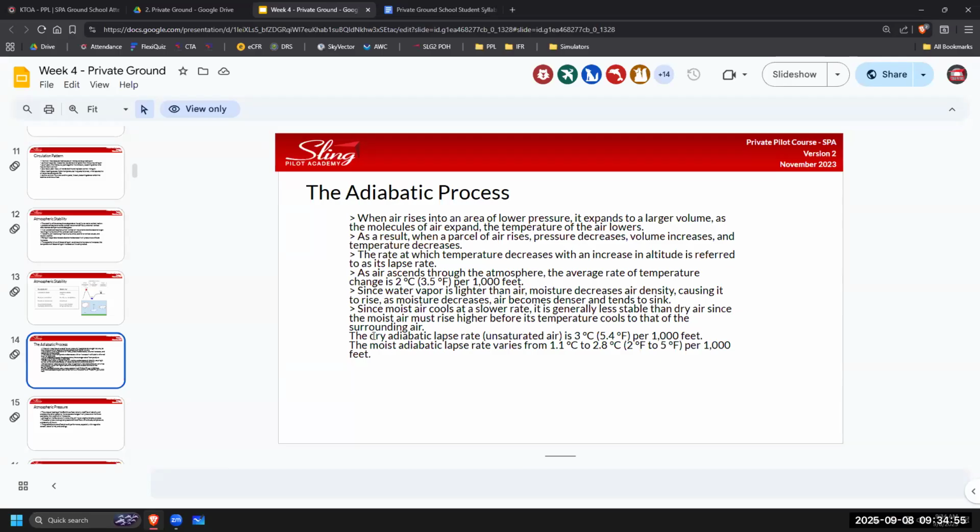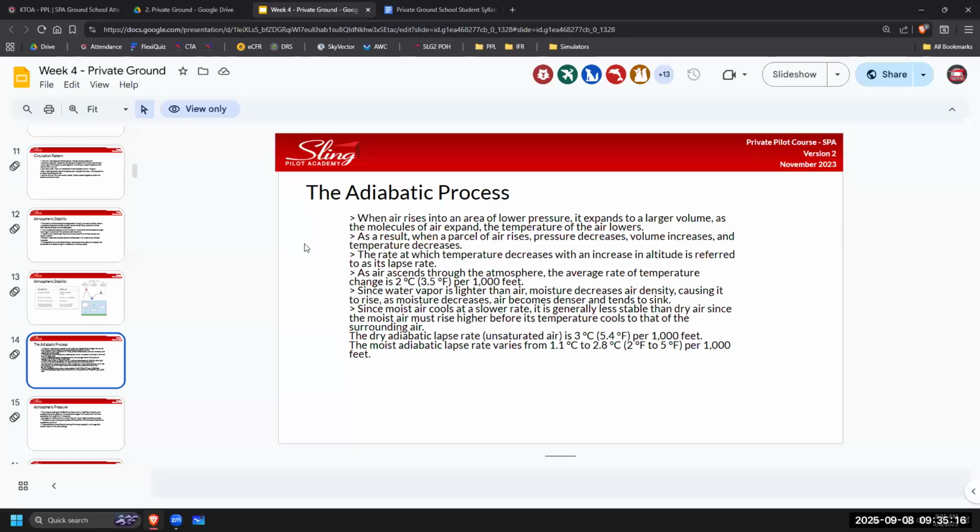Write those two down. We have the dry lapse rate is 3 degrees Celsius per 1,000 feet, and the moist lapse rate is basically 1 to 3. It's 1.1 to 2.8, but you could just write between 1 and 3 per 1,000 feet.